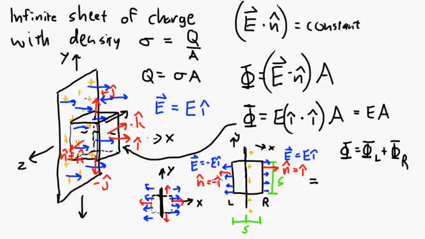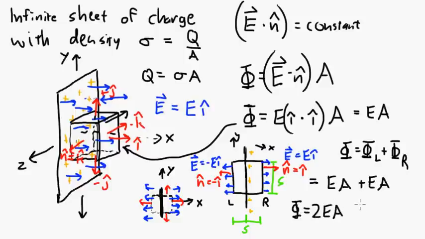So the flux through the left side is going to be E times A, and the flux through the right side is going to be E times A. And so total flux equals 2EA, and that has to equal the charge inside here, which I'm going to say is Q.